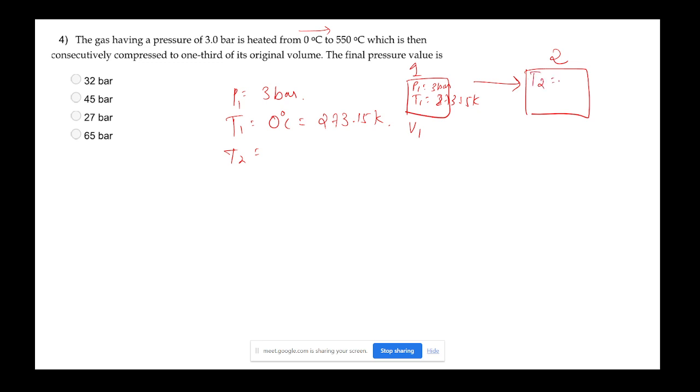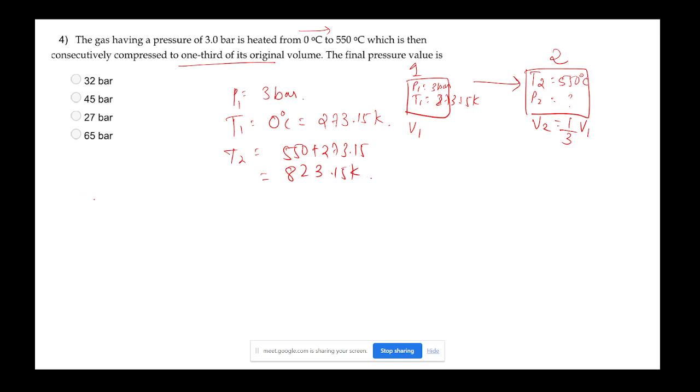It has T2 equals 550 degrees centigrade, and P2 we don't know, and we have some value V2 which is 1/3 of its original volume. Here it is given. So V2 is 1 by 3 V1. Now T2 is 550 plus 273.15, which comes out to be 823.15 Kelvin.